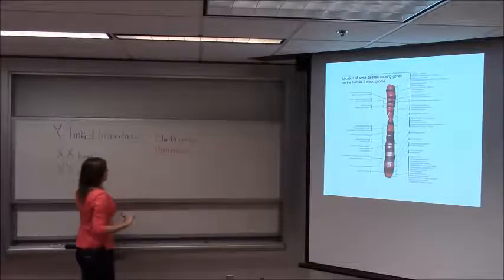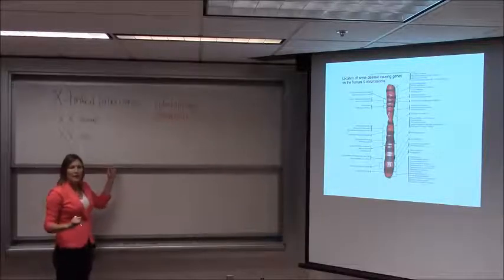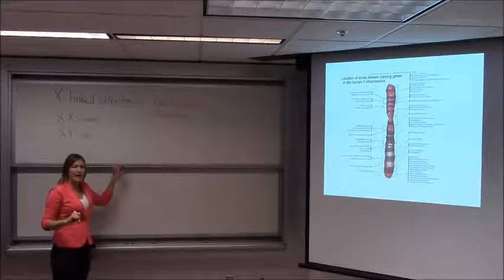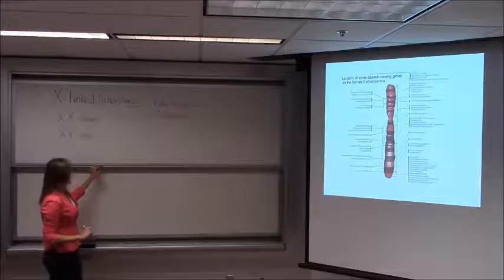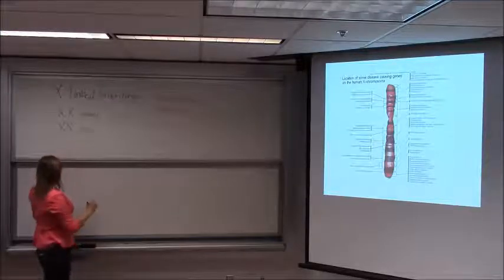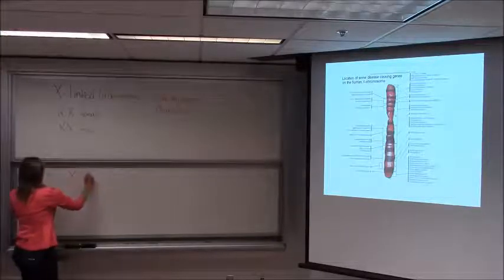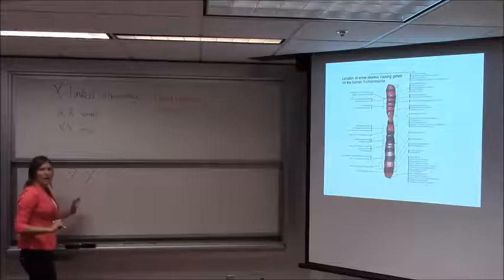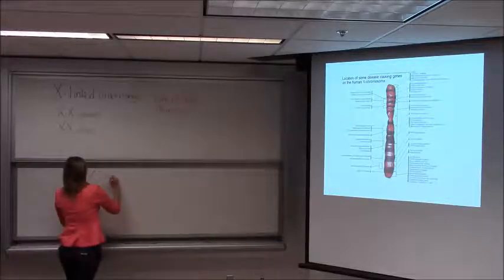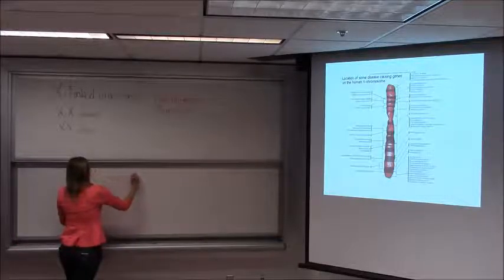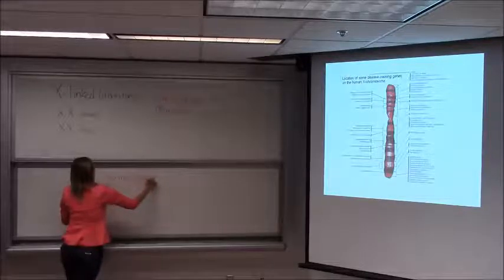And in order to indicate a normal X versus an X with a defective gene, we'll use colorblindness as our example. And here are our possible alleles. So two normal X's, we're going to call this a normal female. She does not have the disease allele on either of her chromosomes.